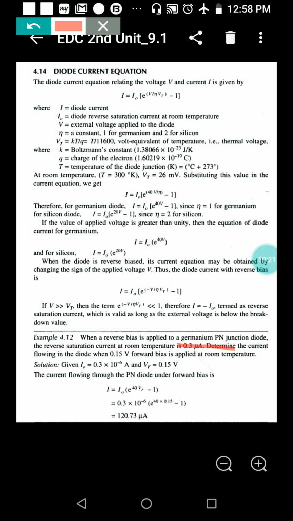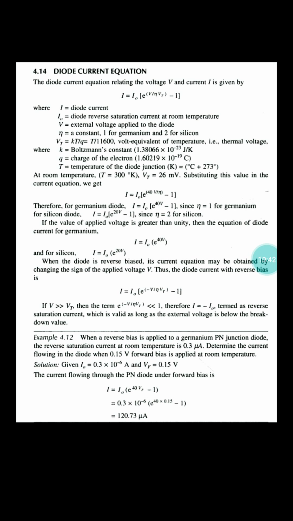The reverse saturation current I naught is given, the voltage across the diode 0.15 is also given, and it is a germanium diode, that's why we write 40 Vf in the exponent. Finally we get 120.73 microamperes. This is the problem based on the diode current equation.